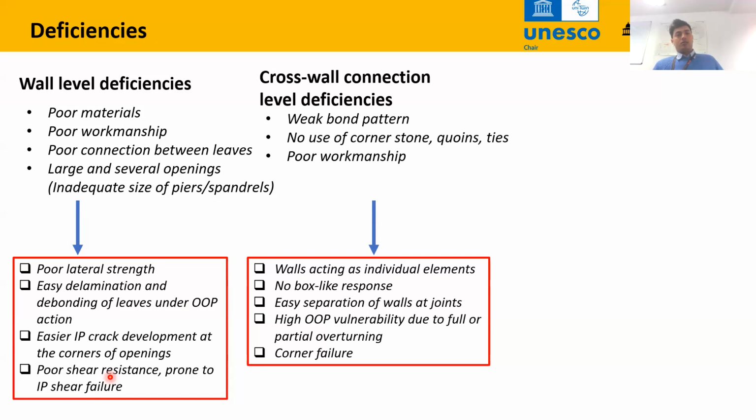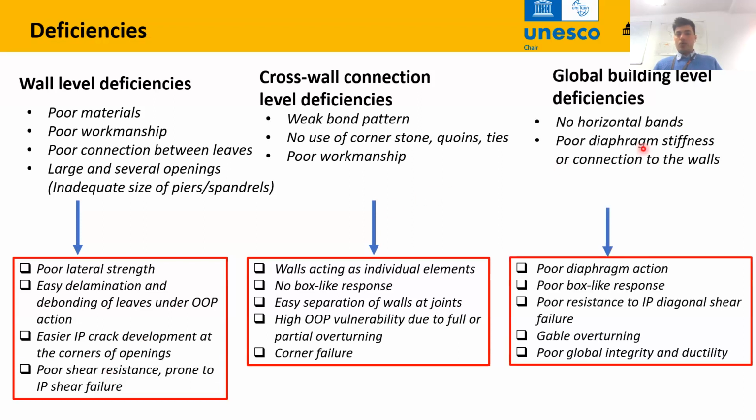At cross-wall level connections, the deficiencies result in walls acting as individual walls, independently, with no box-like response, easy separation of walls at joints, high out-of-plane vulnerability of complete walls, and there is a chance of corner failure. When we lack global building measures, for example, the seismic bands and proper connections, we have poor diaphragm action.